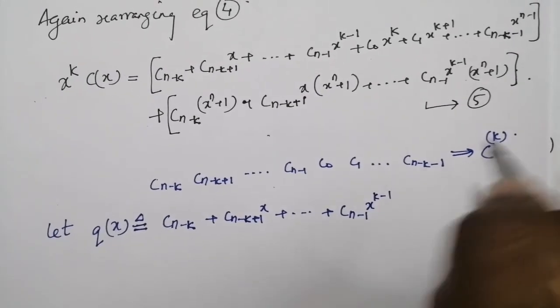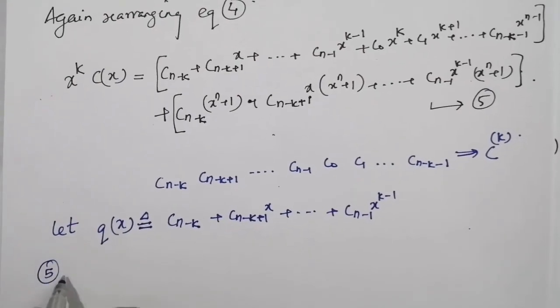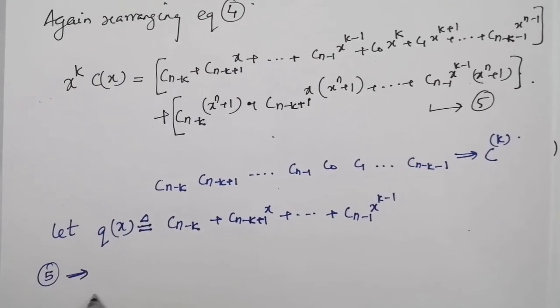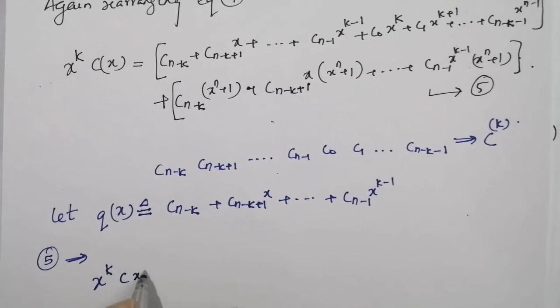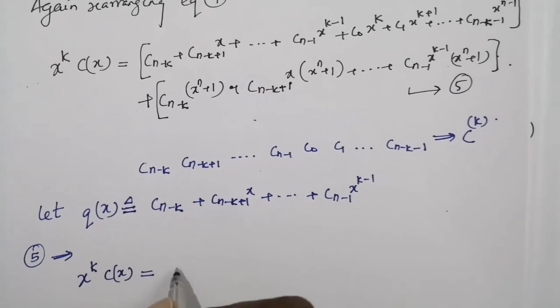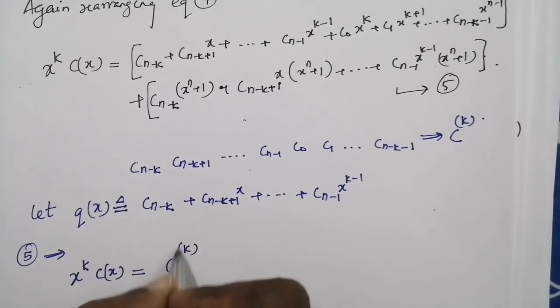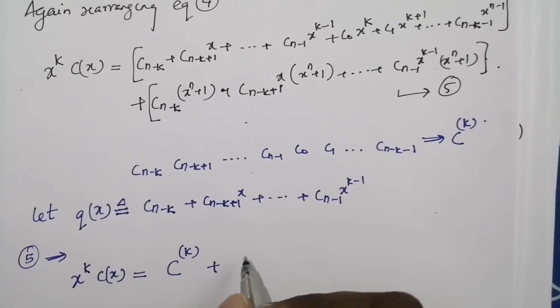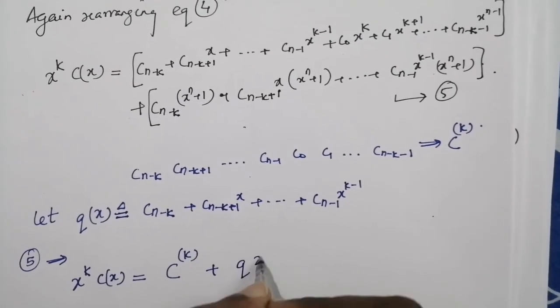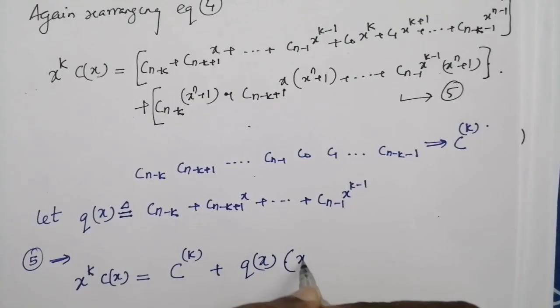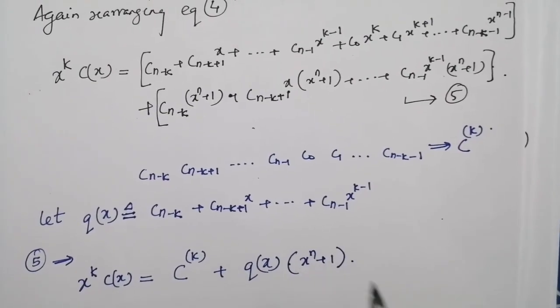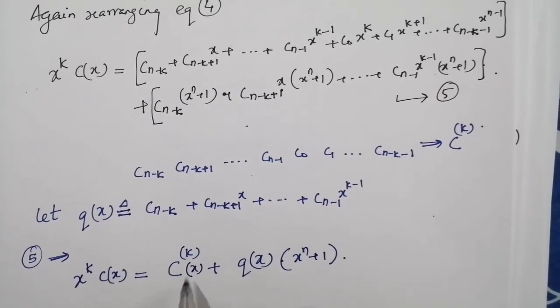Now this equation 5 can be written as x raised to k c of x equal to, this is c of k plus q of x into x raised to n plus 1, ck of x.